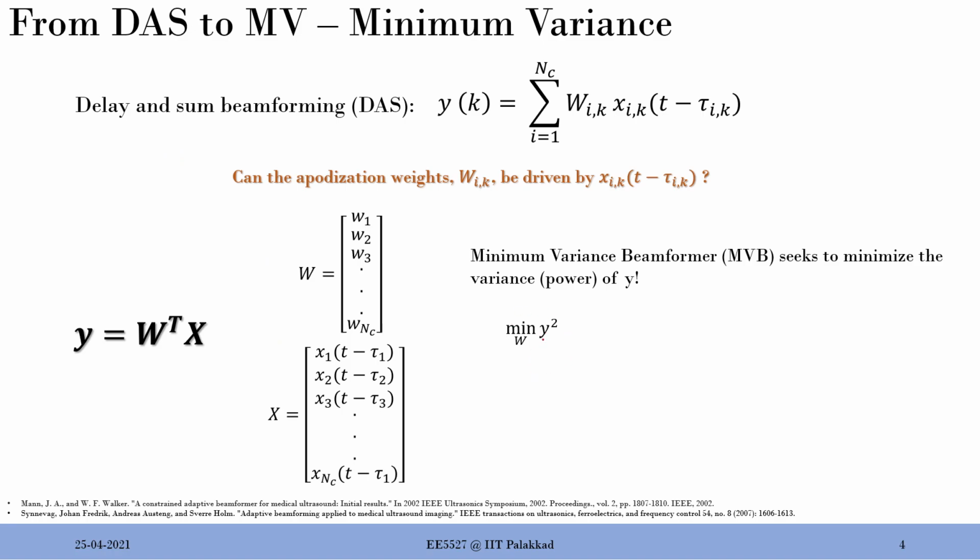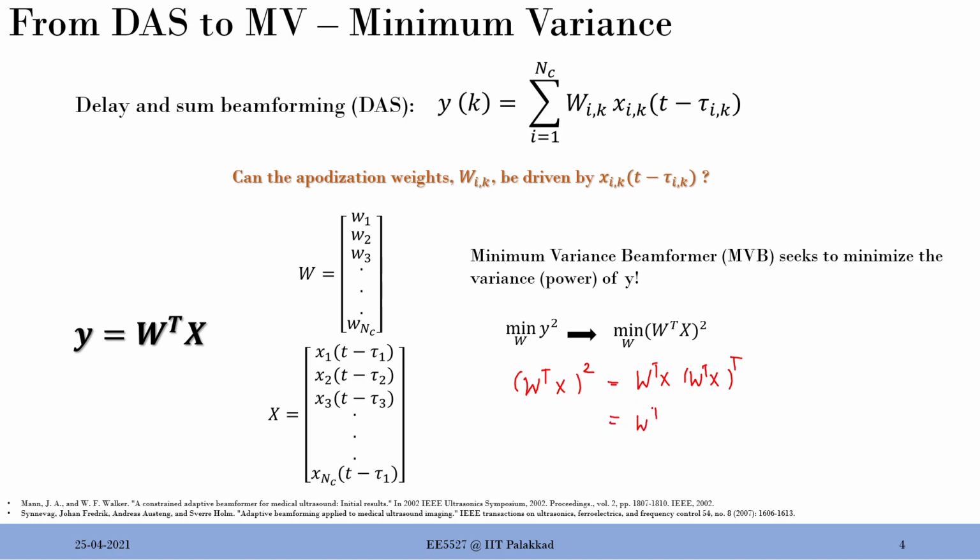Now we can do further simplification. I know what Y is. Y is W transpose X, so I can put it this way, W transpose X square. And those who studied linear algebra and matrix theory can easily correlate. Others can just assume that whatever I am saying is correct, but let me just quickly derive it for you. So in matrix terms, this can be represented as W transpose X into W transpose X transpose. So you can represent this square term as something like this.